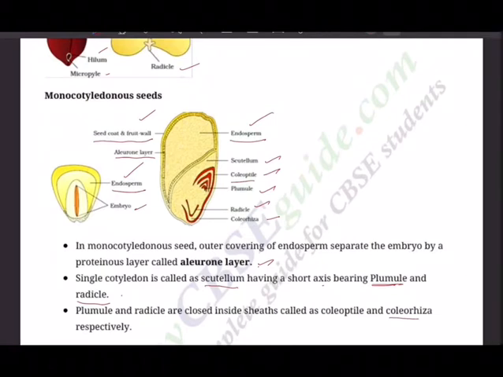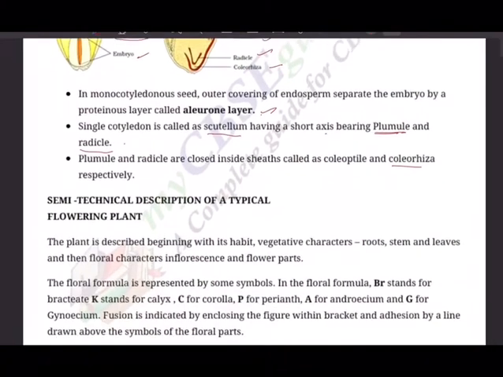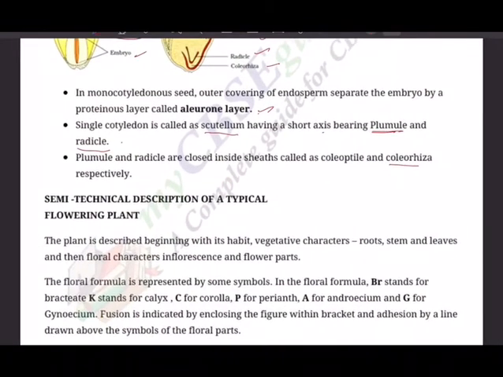So plumule is covered by coleoptile, radicle is covered by coleorhiza, as you are seeing in the picture. And the whole family can be technically described. So we say, if not full, a semi-technical description of a typical flowering plant.